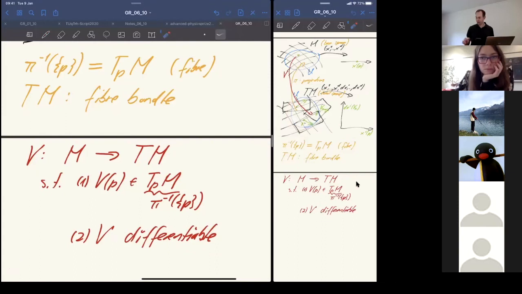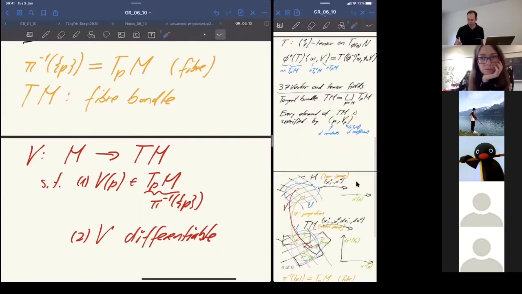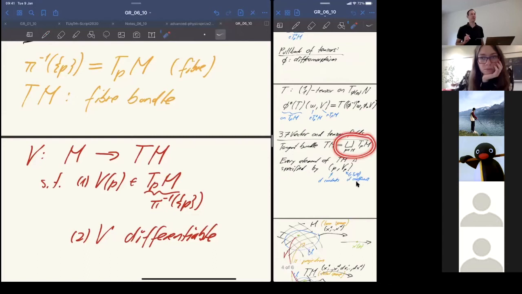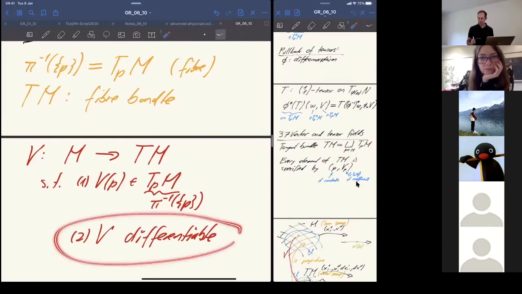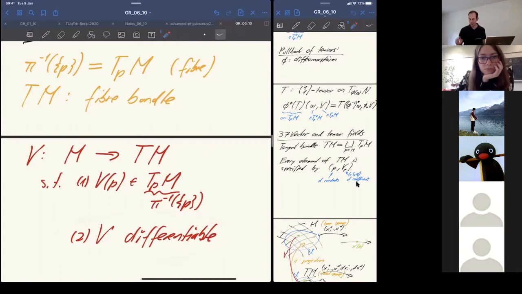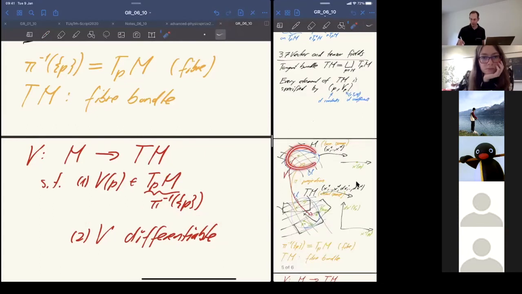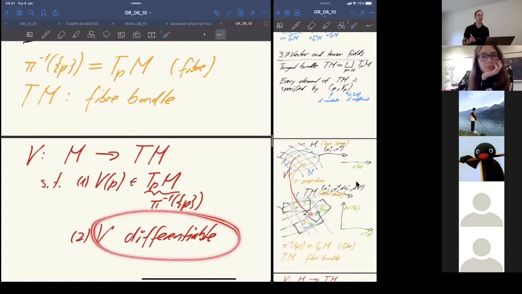If I just left you at this point and said TM is just a collection of all tangent spaces, then this whole statement that V is differentiable wouldn't make sense, because I would go from a manifold M to another set which is not equipped with a differentiable structure. So I couldn't even say what differentiable means. We had to promote TM to be a differentiable manifold in order to be able to even say what differentiable means.